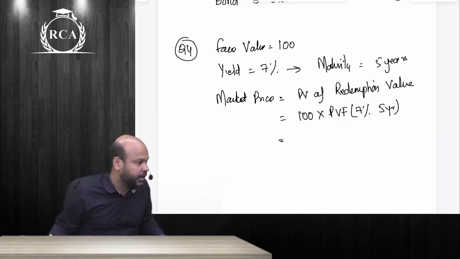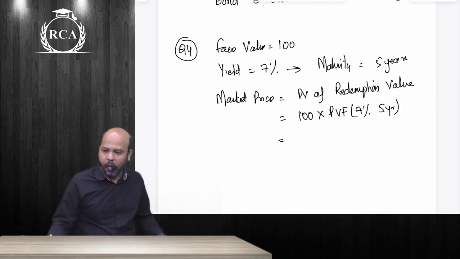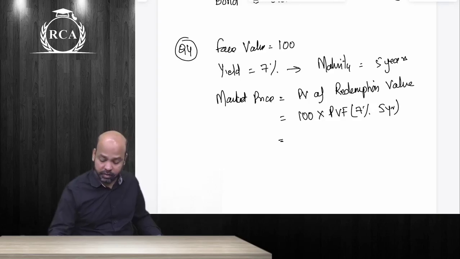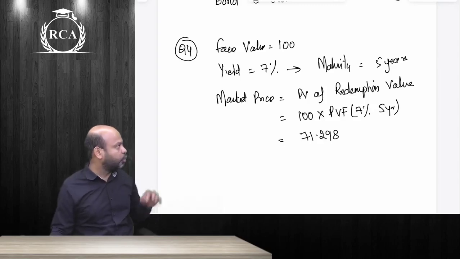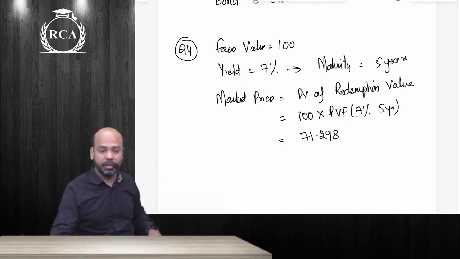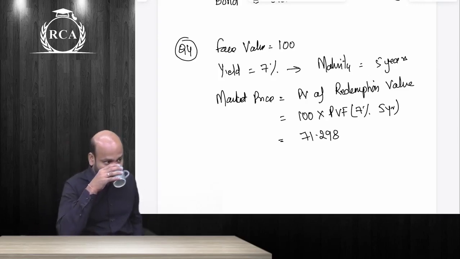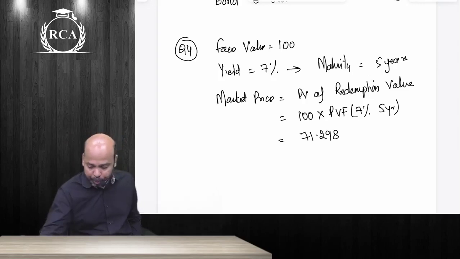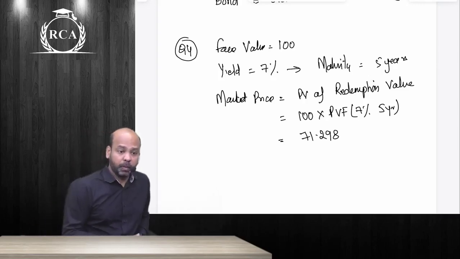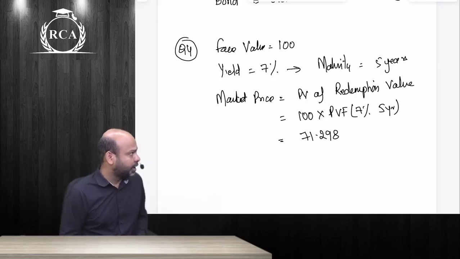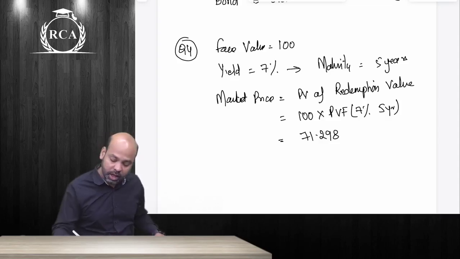How much is that? 71.298. 71.298 would be the prevailing market price. Did you all get this? 71.298, this is on the current date, today.